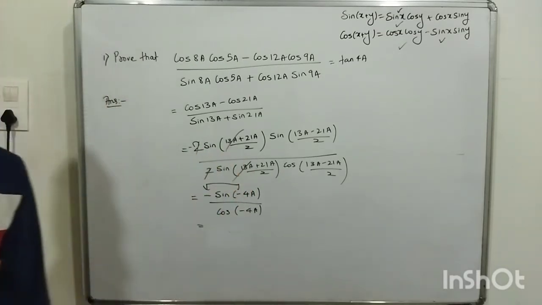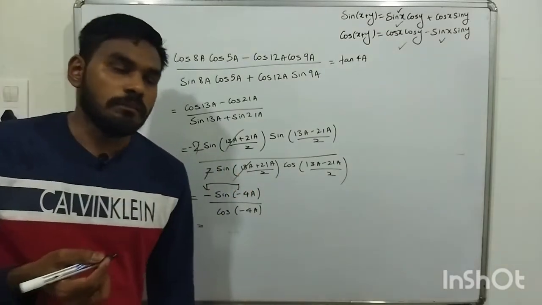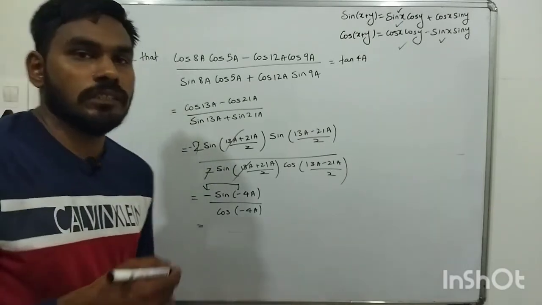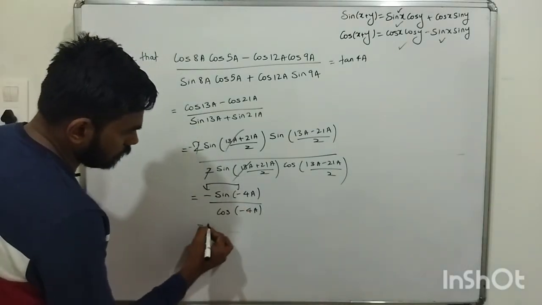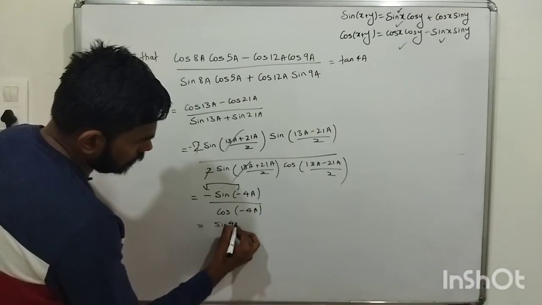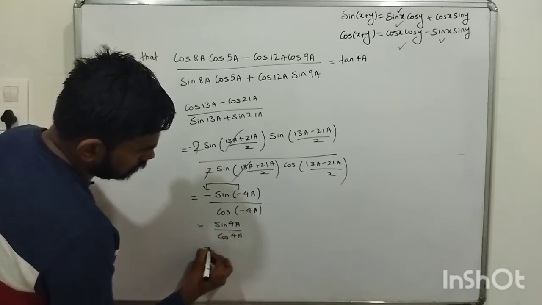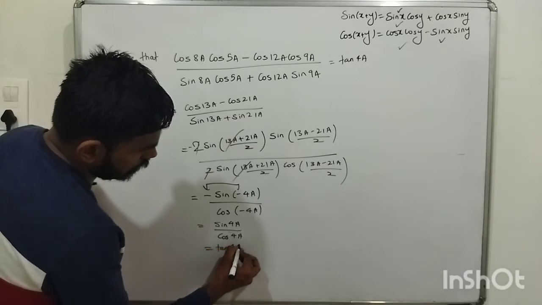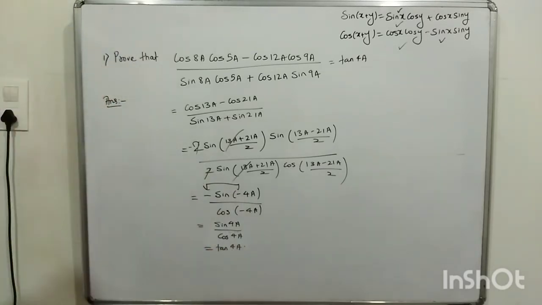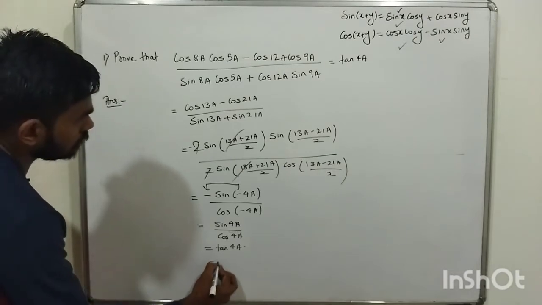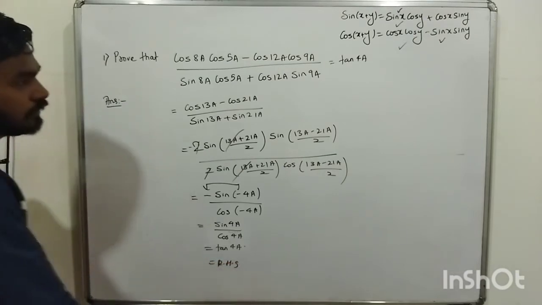Sine of minus theta is minus sin theta, but cos of minus theta is cos theta. So this minus multiplies with this minus and we get sin 4a here, and cos 4a. So sin 4a upon cos 4a is tan 4a. So we get the answer here, which is equal to the RHS. So we found the answer.